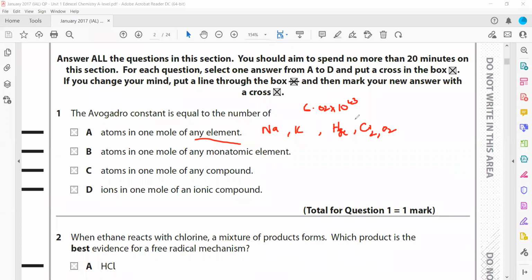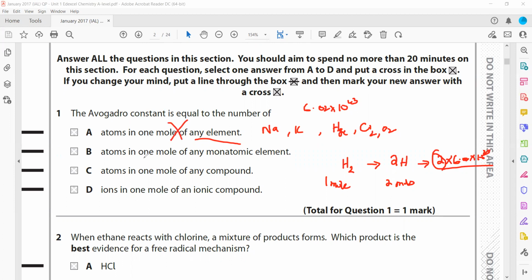If we talk about the number of atoms in 1 mole of hydrogen, because one molecule contains 2 hydrogen atoms, it will be 2 multiplied by 6.02 × 10^23 atoms. 1 mole of hydrogen molecules contains 2 moles of atoms, so 2 multiplied by Avogadro's constant, it will be double. That's why A is not the right statement.